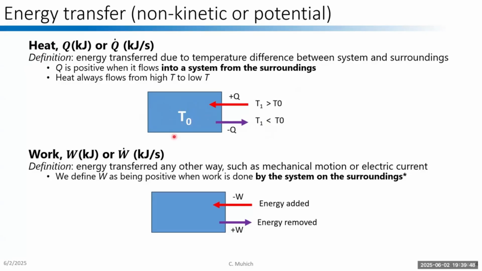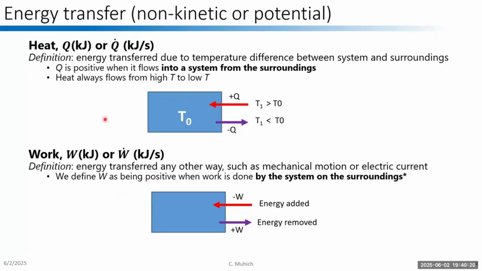So think of this block as, say, an oven at 200 degrees Fahrenheit, that's warmer than your room. So heat is going to move from the oven into the room. Or conversely, you have your freezer. The freezer's colder than the surroundings. Heat is going to flow into that freezer through the walls of the freezer unit.